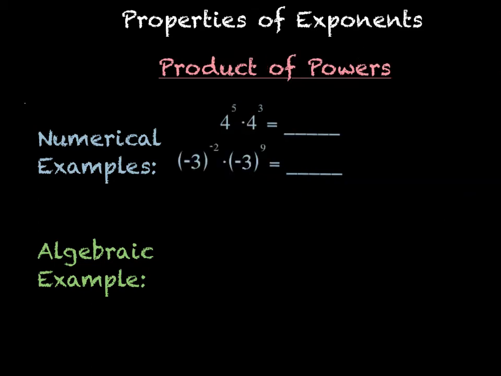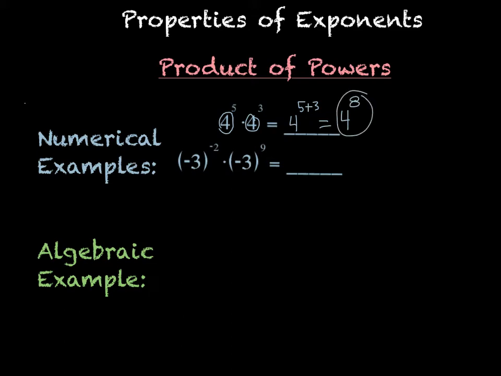Product of powers. Okay, so the product of powers rule is going to be when we're multiplying two different powers that have the same base. So 4 to the 5th power times 4 to the 3rd power is going to be 4 to the 5 plus 3 power, or 4 to the 8th power.